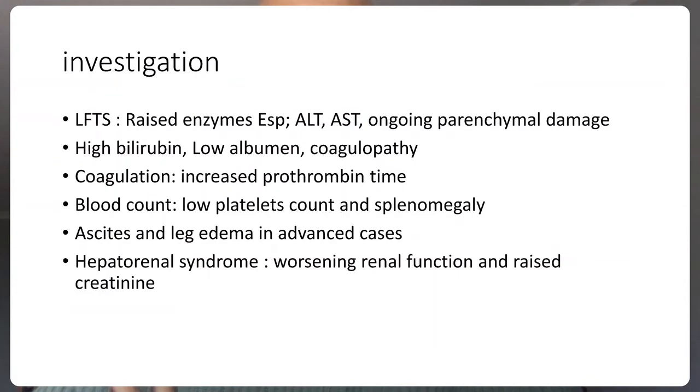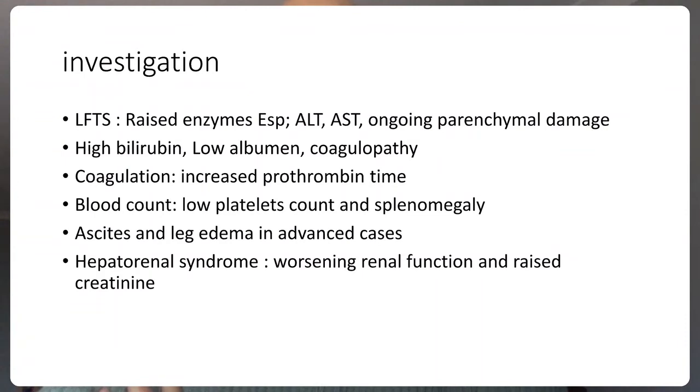The other enzymes could be elevated, such as alkaline phosphatase and GGT. In fact, in a lot of patients, and particularly if they develop liver cirrhosis from drinking, the first change that you will see on their blood test is elevated GGT.